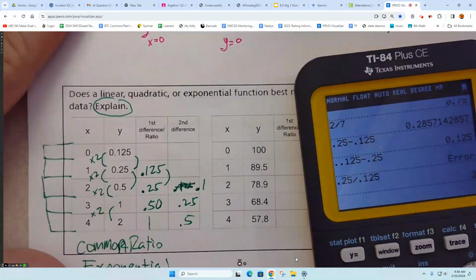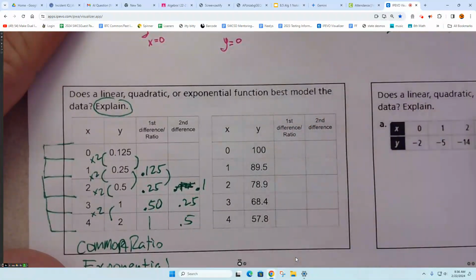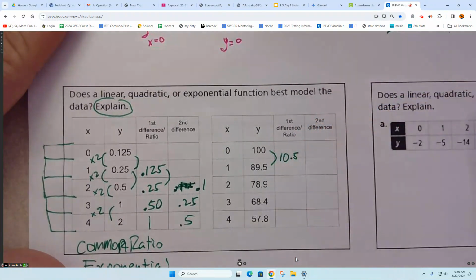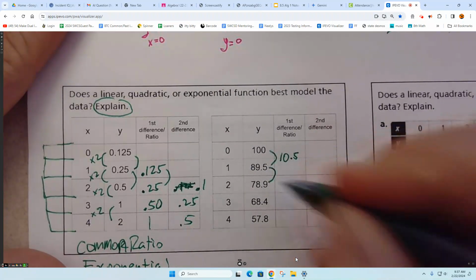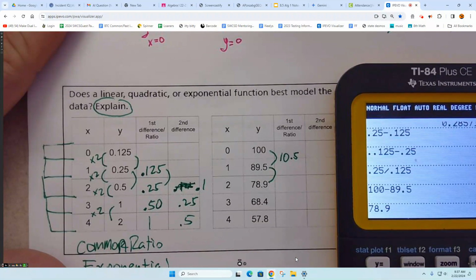So I go to my calculator and I go 100 minus 89.5, and I get that this change right here, I almost want to just write it in the middle, is 10.5. And then I want to do this one, 78.9 minus 89.5.